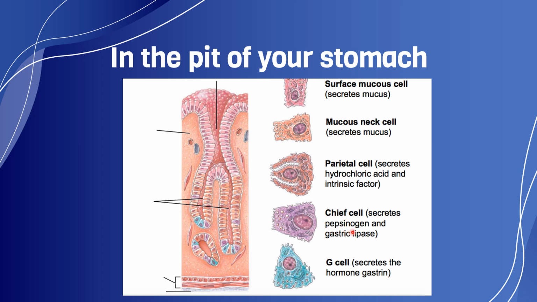Pepsinogen is going to break down proteins, and pepsinogen eventually leads to pepsin, and it converts into an enzyme in an acidic environment. And so we need that hydrochloric acid not only to help break down the food, but to also help break down the proteins specifically.